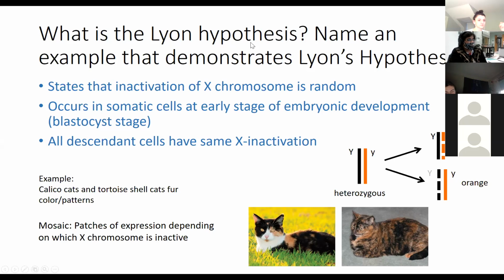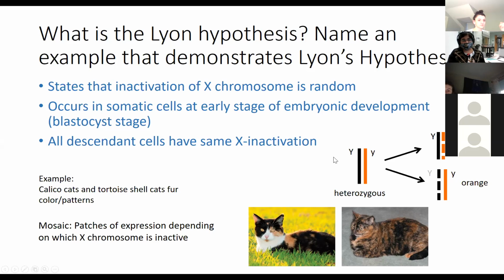So essentially, the Lyon hypothesis is just saying that it's random, and it starts at the blastocyst stage.